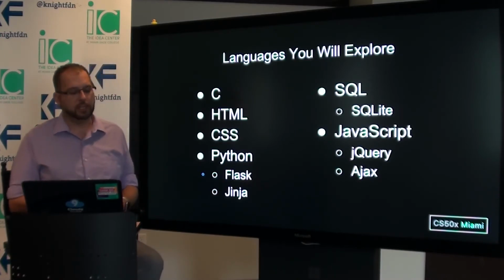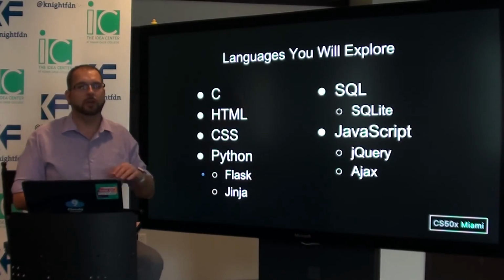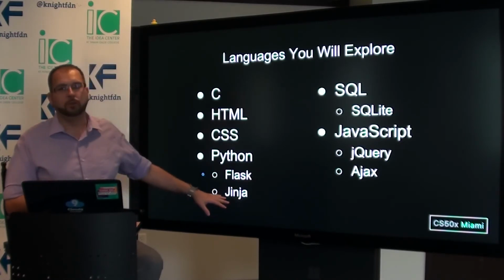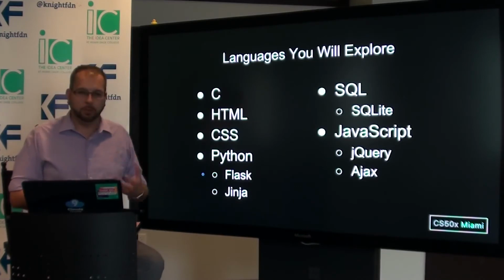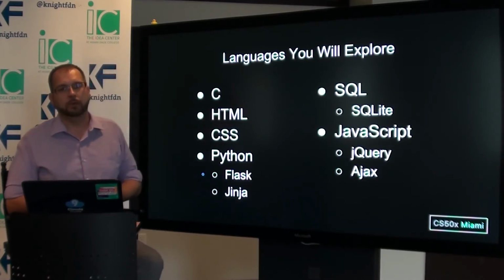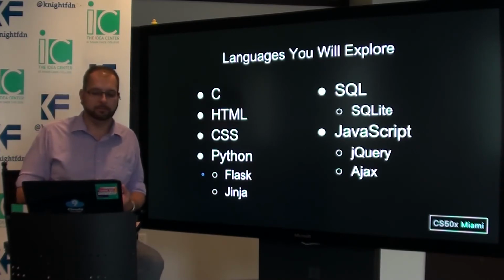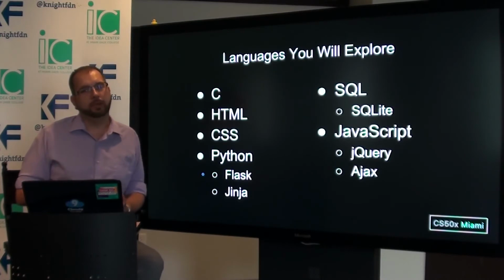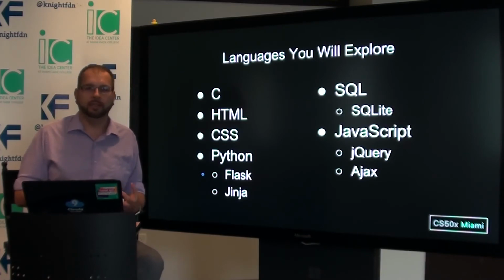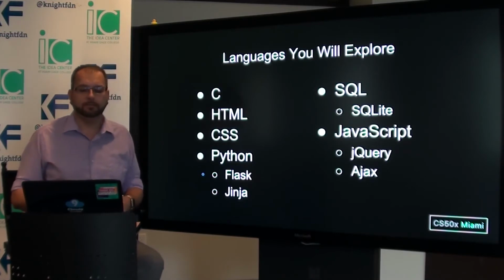Now this web server is going to use a library called Flask to help ease the work a little bit, and a templating language called Jinja. So we'll be essentially developing a back-end server which is going to allow us to create HTML and CSS code kind of on the fly. Now we won't say that you're going to be a full-stack engineer at the end of the class, but you will have an understanding of the full-stack development process.